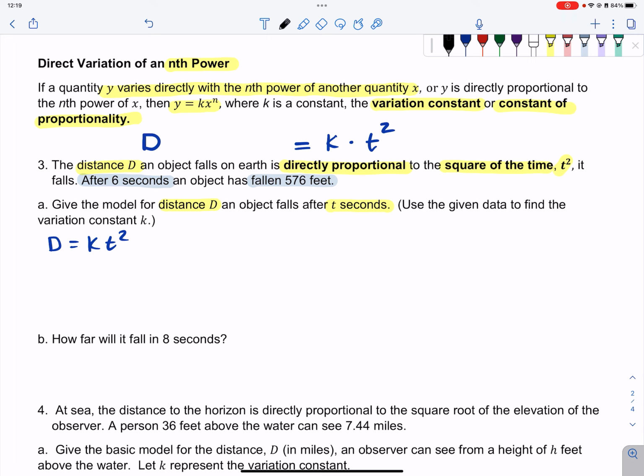So we have that 576 feet is equal to k times 6 squared. That gives us 576 is equal to k times 36. To get k by itself, we just divide both sides by 36.